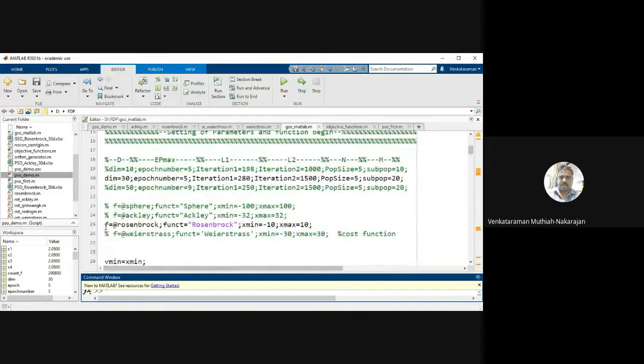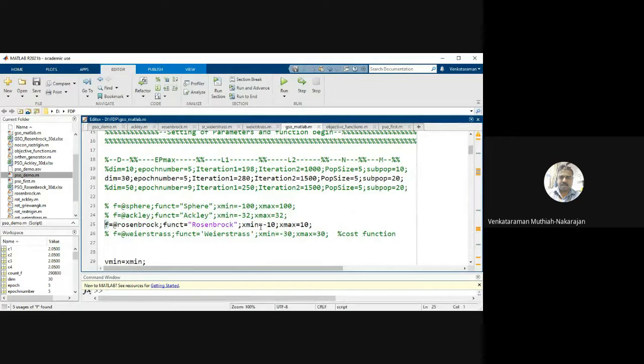See, in this case, I'm using the Rosenbrock function. Can you see my screen? Can you see my MATLAB? Yes sir. You only need to give this command, and you have to give xmin and xmax for the optimization that we developed.